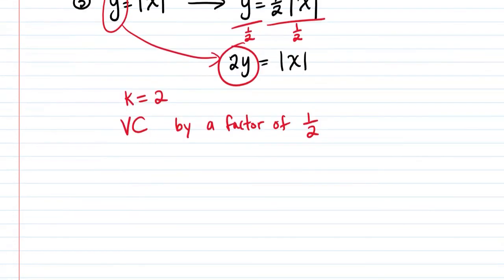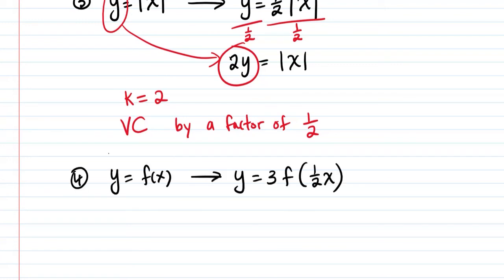Since the factor is 1 over 2, the function is squeezed, so that means it's for compression. Let's do the last example to finish. Example 4, the y is equal to f of x, and that transforms to y is equal to 3f of 1 over 2x. So this 1 over 2 is multiplied to the x, and this 3 can be written as 1 over 3 multiplied to the y.